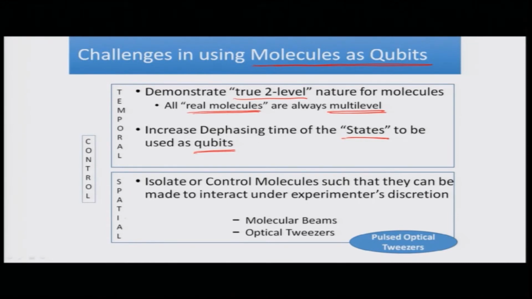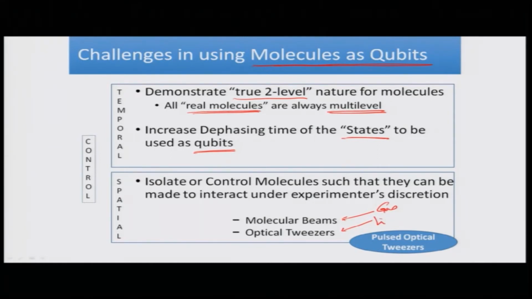So, that has to do with the spatial processing, so that they can be under control as we interact or work with them, and this has been achieved through principles of molecular beams or in the gas phase, which is equivalent to the idea of atomic or ionic traps, environments where such possibilities exist.